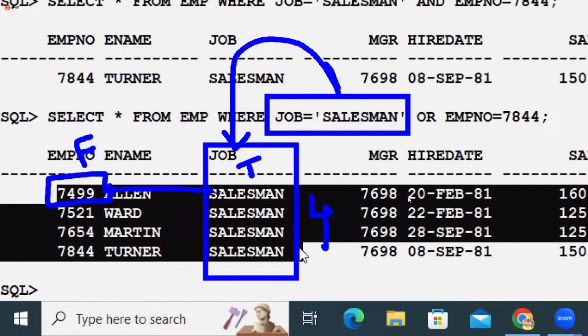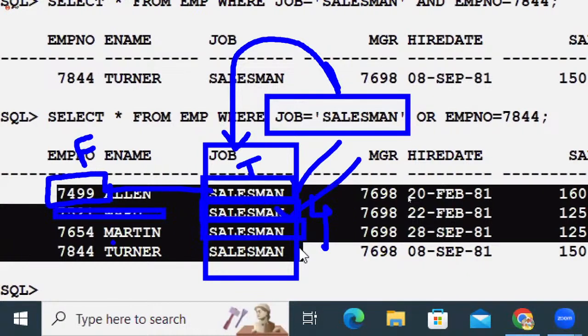If any one is true, it returns true. Understand? Now first condition true, second condition false, the true value returns. Same again, first condition true, second false, true value returns. Next one, first condition true, second condition also true. True, true, true. That's why a total of 4 came.